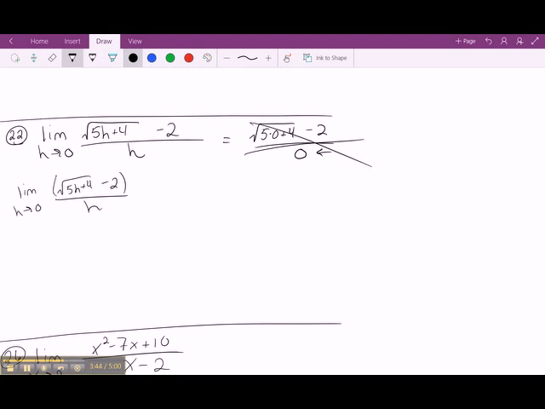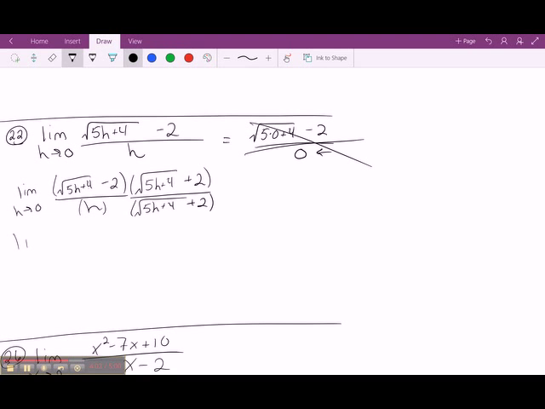So when you have a square root, usually the easiest thing to do is multiply by the conjugate, which, remember, conjugate means same thing, just different middle sign. And we'll do that on the top and the bottom because then that makes it a legal move.